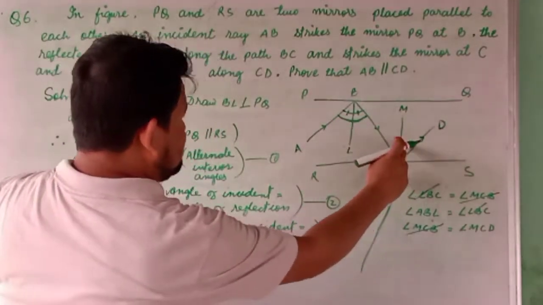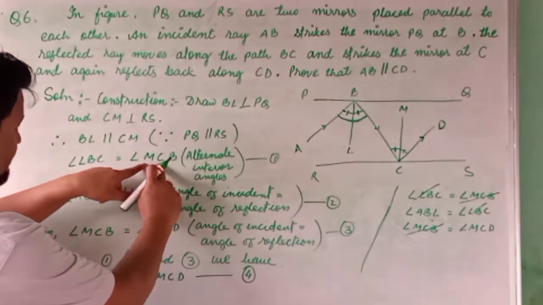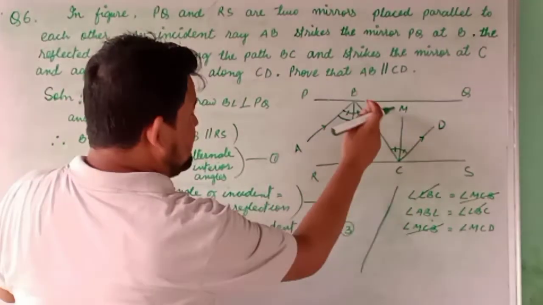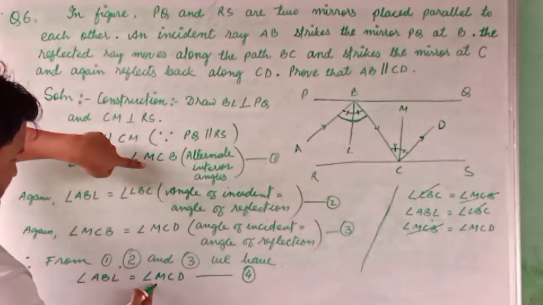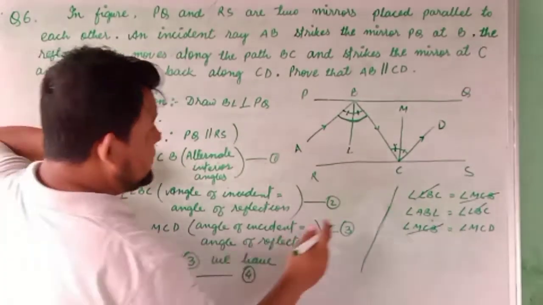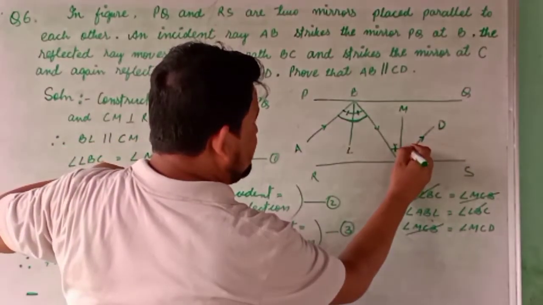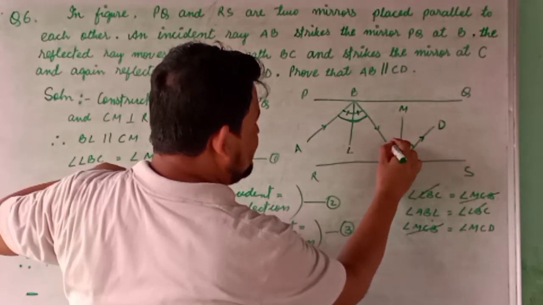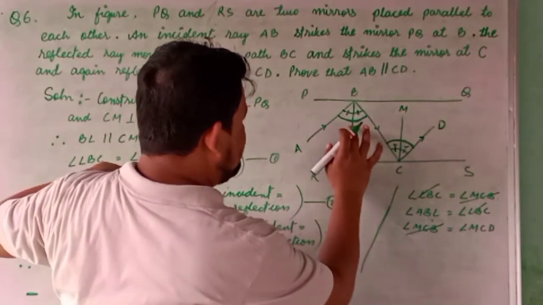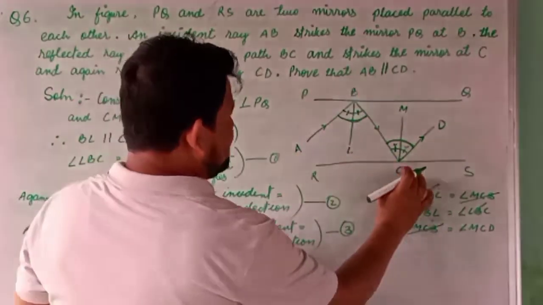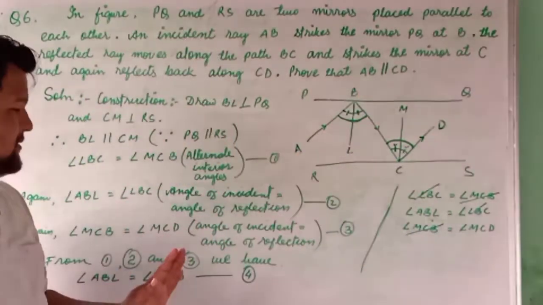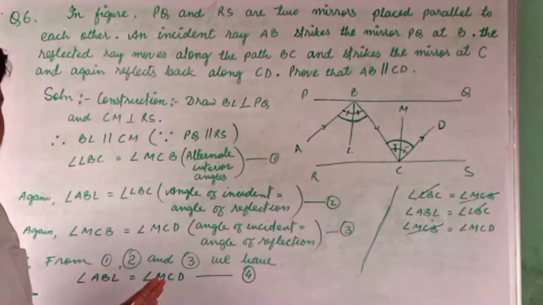And again if we add this angle MCB plus this right side angle MCD, I will get the complete angle. Then these two angles will be equal, and they are lying in alternate angles, so therefore AB is parallel to CD. I can give my confirm answer.